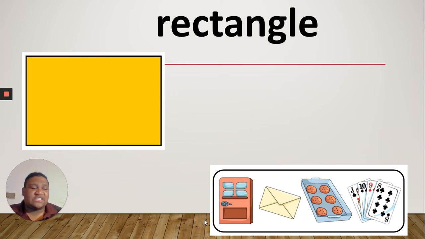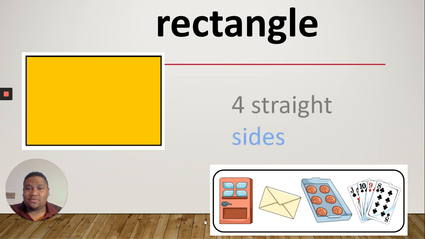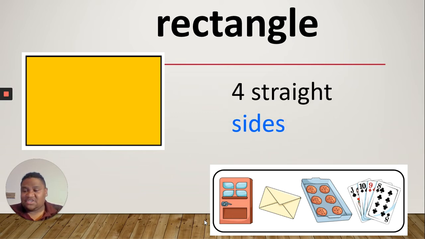All right, so here we go. Let's look at our first shape, which is a rectangle. This rectangle has 4 straight sides. I'm going to look at each side. 1, 2, follow my mouse, 3, 4. It shows you how many sides it has.